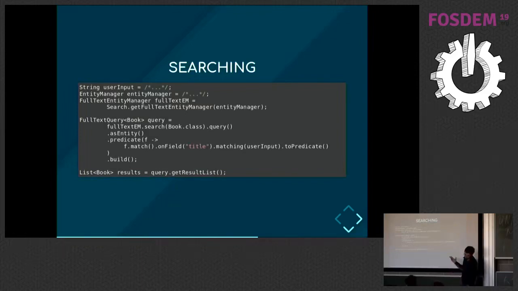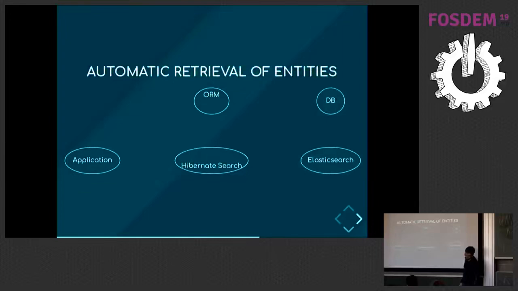And you could also use the book to make some changes and persist it, but that's not usually what you need here. So how it works is, whenever Hibernate Search sends the query to Elasticsearch, it retrieves the hits, it retrieves the IDs of each document, and then it will ask ORM to retrieve the managed entities corresponding to these hits, and just return that to the user.